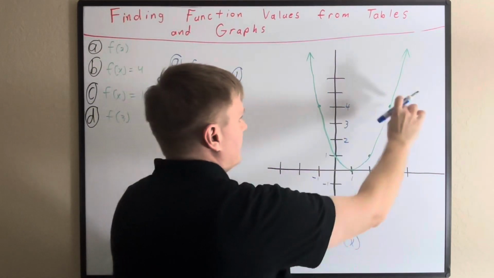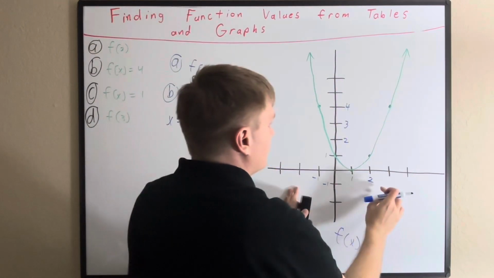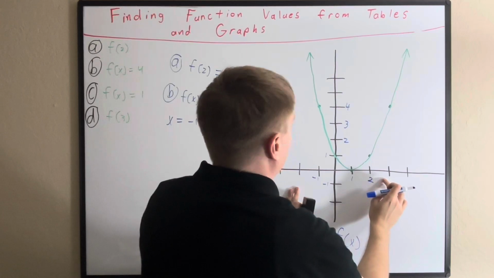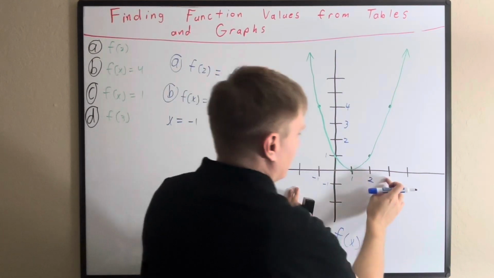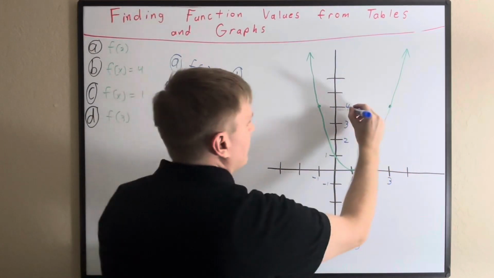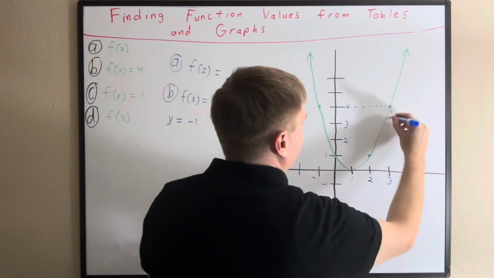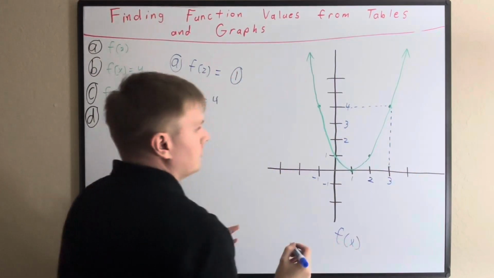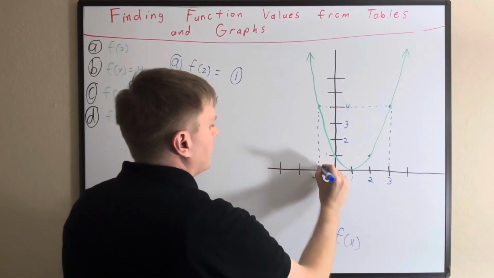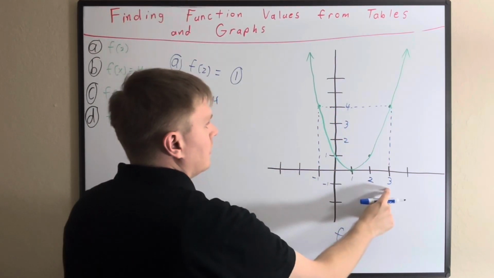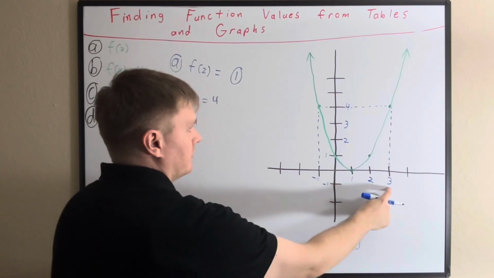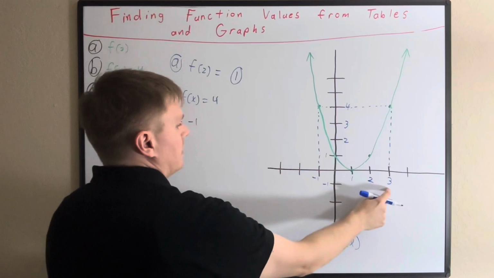We can have 2 of the same output. It's a different input though, right? Draw a dotted line to connect those. So the other x value, the other input value that we're looking for, because they gave us the output, is 3.